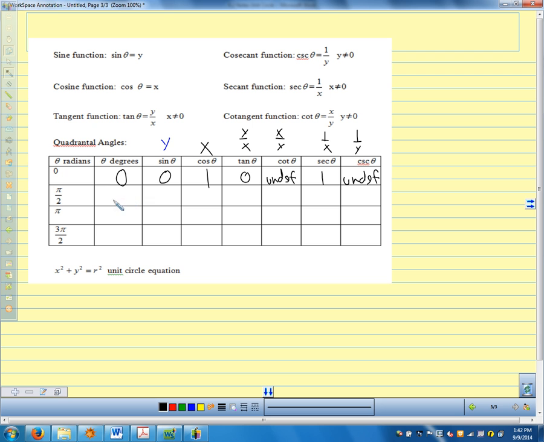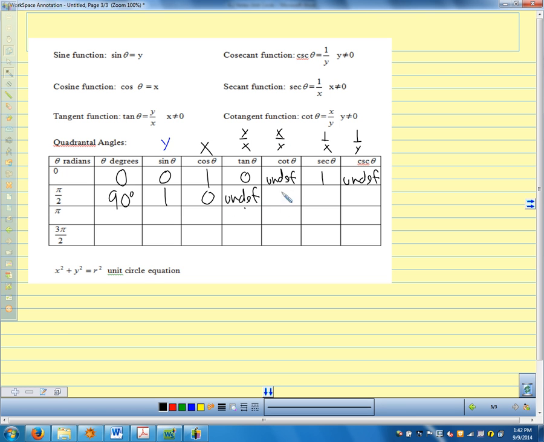Pi over 2 in degrees, 90. What's the y coordinate at a 90 degree angle on my unit circle? 1. X coordinate, 0. Tangent, y over x, is undefined.